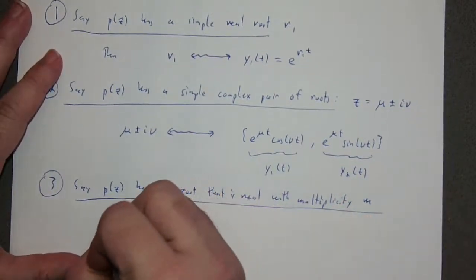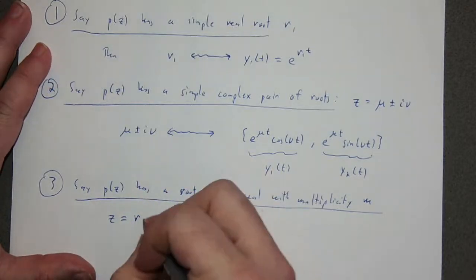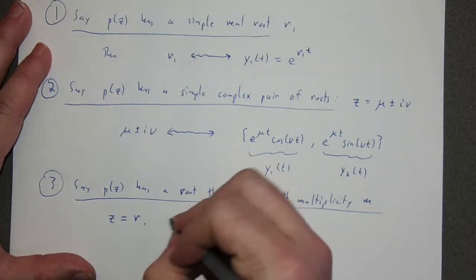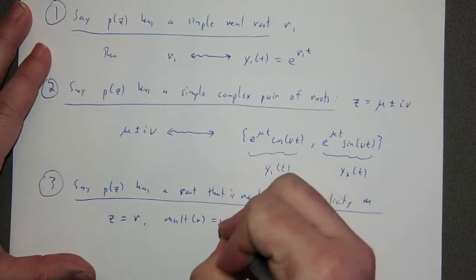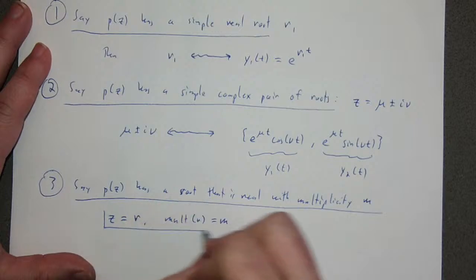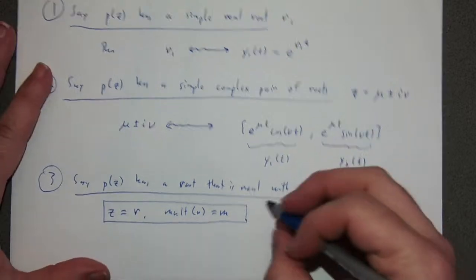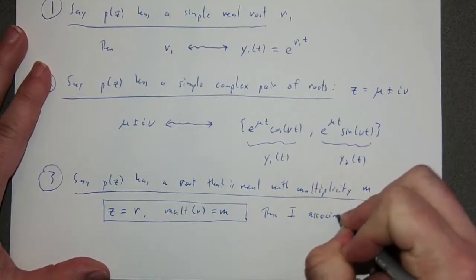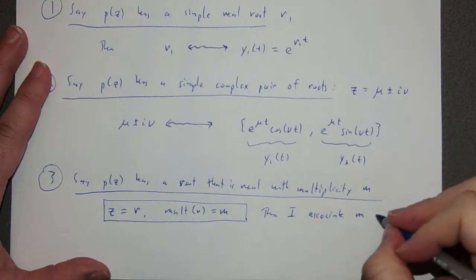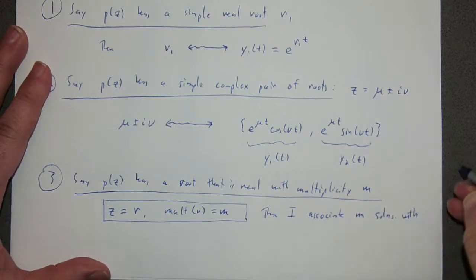So we'll say z is equal to r, and the multiplicity of r is equal to m. Then I associate m solutions with this root, with z equals r.